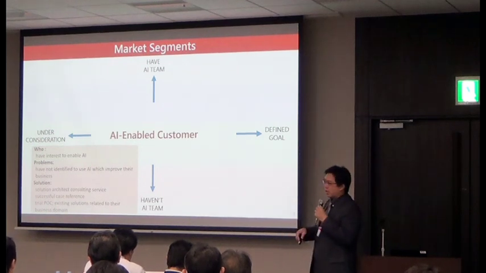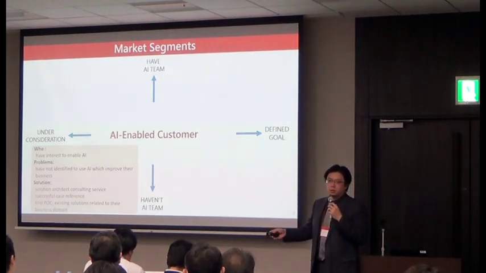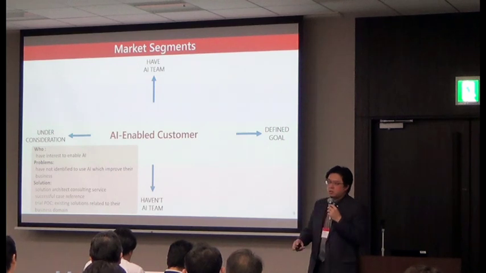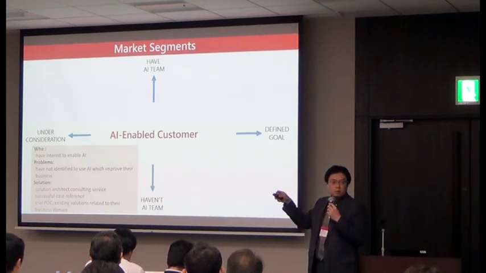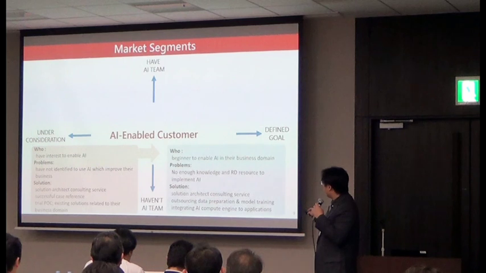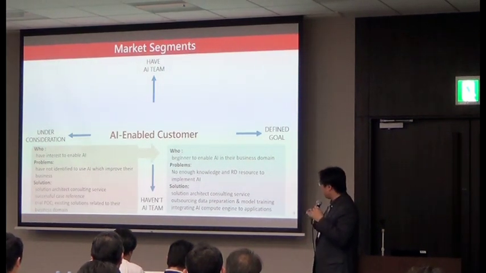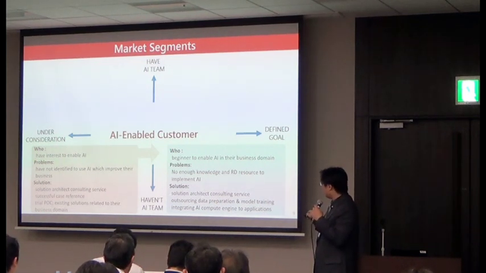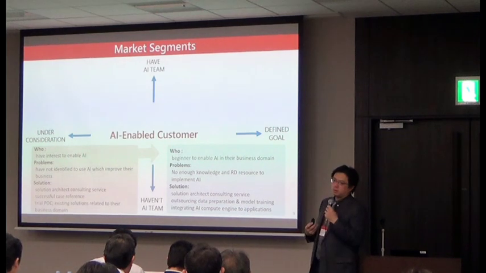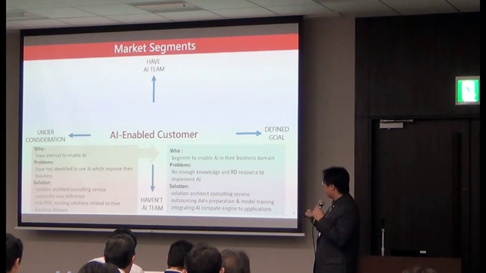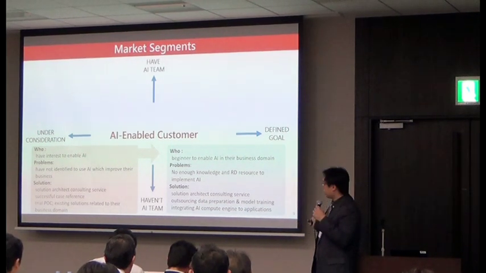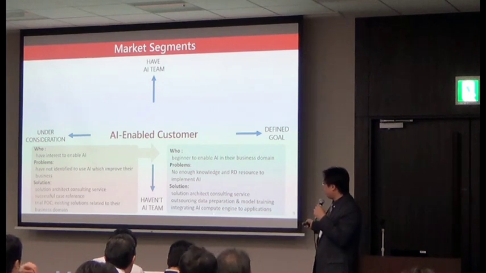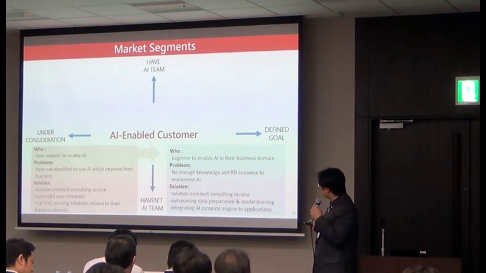ITRI ICL has many technical teams, including me. We can provide the system, and we can also provide the application part, model training. Then there is the beginner: once they identify the goal, as a real rookie, we still have a solution architect, but they can outsource to us the data set preparation and model training, and even integrating the AI model engine into the application.